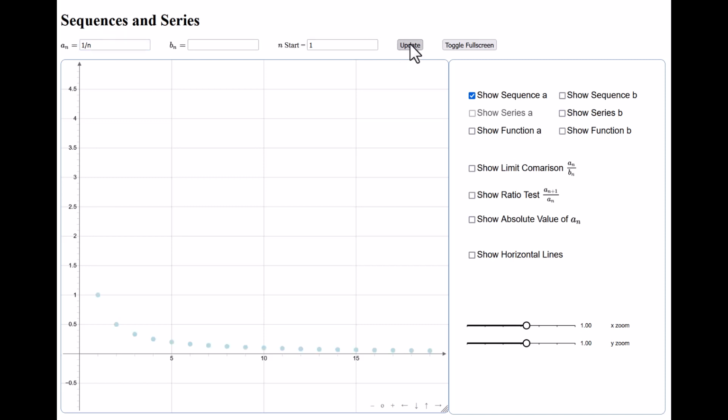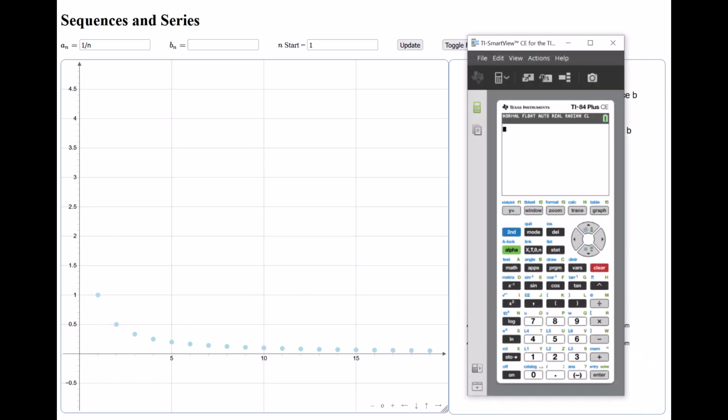So these are the terms in the sequence. And the ratio test effectively takes, like we would start with the second term. The y value there is 0.5. The y value of the first one is 1. So we take the ratio of those two terms. And if you'll notice, this is decreasing in value.